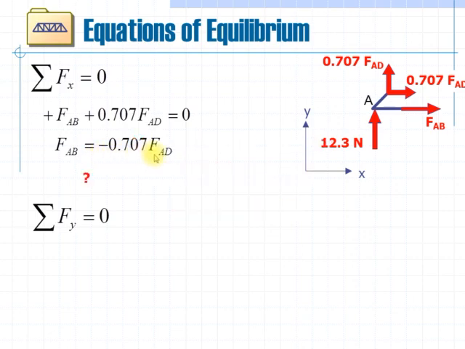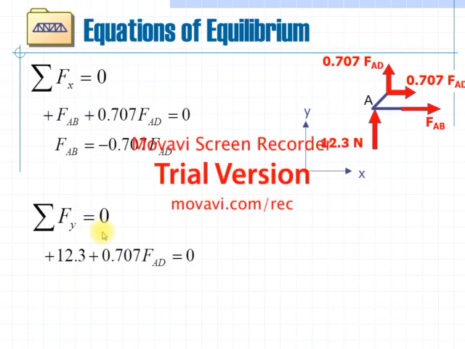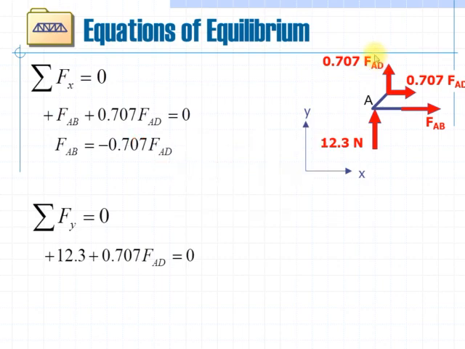Now, second equilibrium condition, summation Fy is equal to 0. In vertical forces, this is the first force, 12.3 Newton, and the second force is 0.707 FAD. Both are in upward direction, therefore we take them as positive.